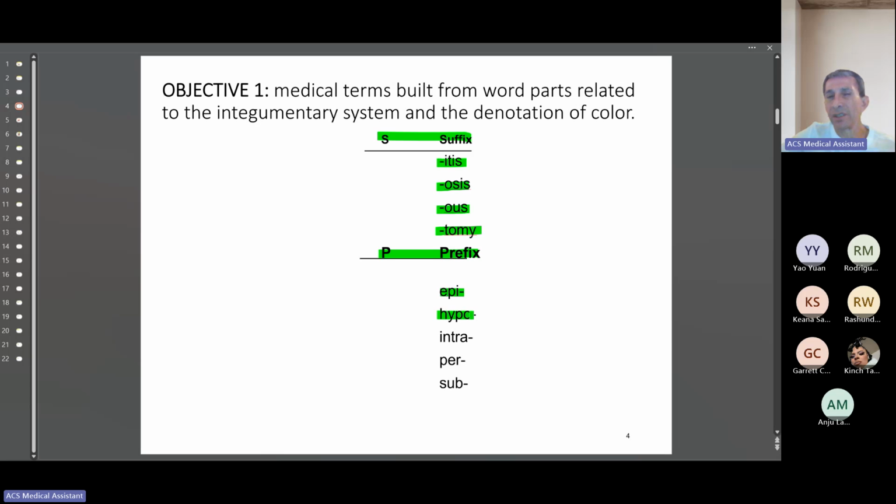Remember, these prefixes, they are defined as location, quantity, numbers. So that's position.